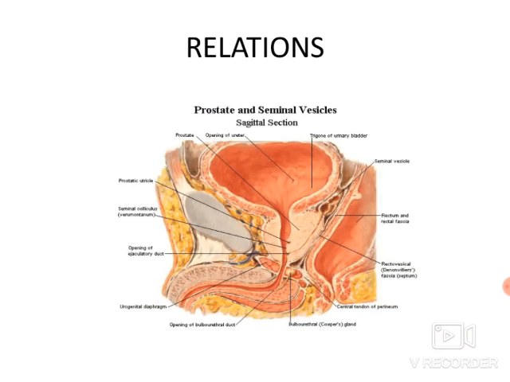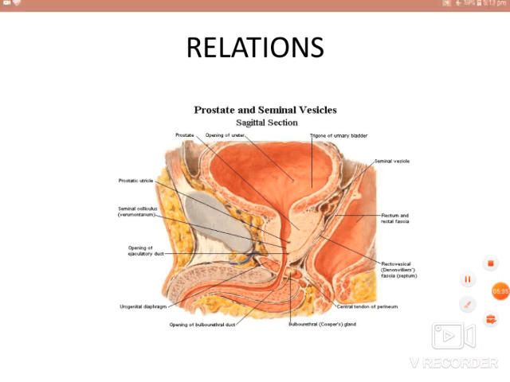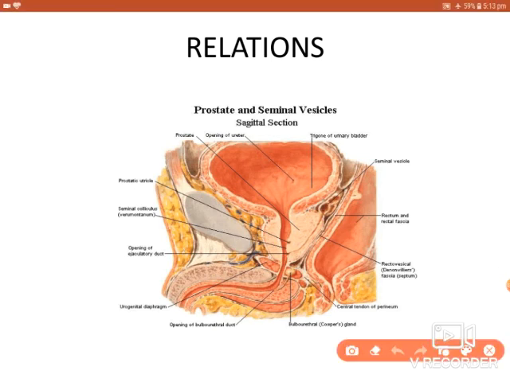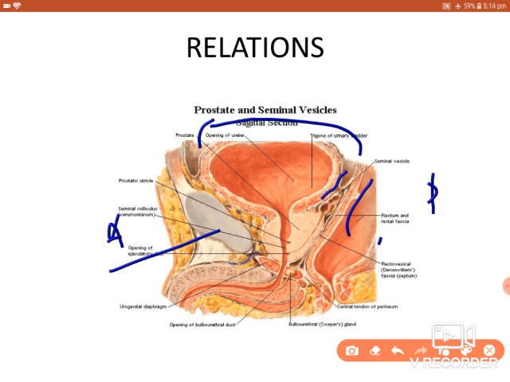Then coming to the relations. Here again this is the sagittal view. This is the anterior aspect, and you can see the pubic symphysis. This is the posterior, and you can see the rectum there. See, this is the bladder. This part is the base of the bladder, and here is the neck.